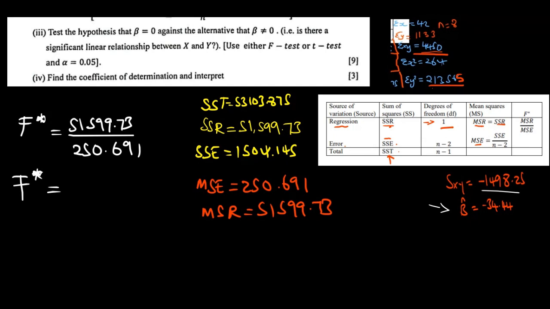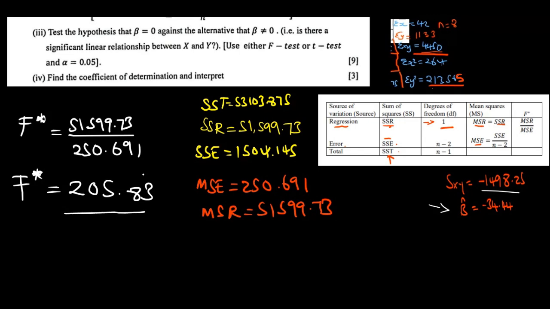So our F observed will just be equal to 51,599.73 divided by 250.69. When I divide that, I get my F observed as 205.83.